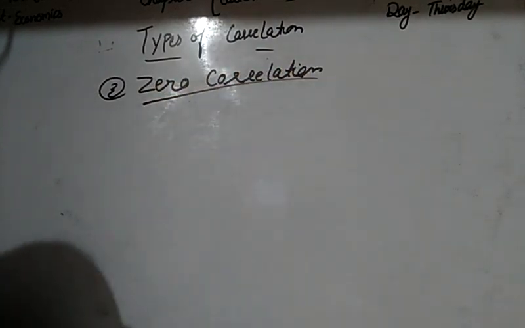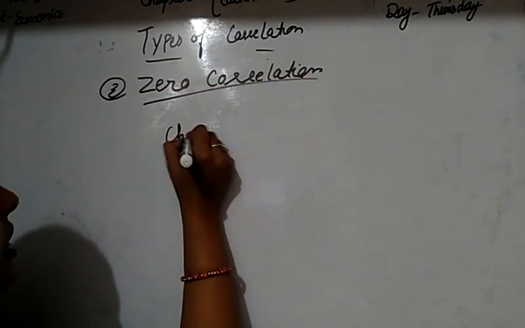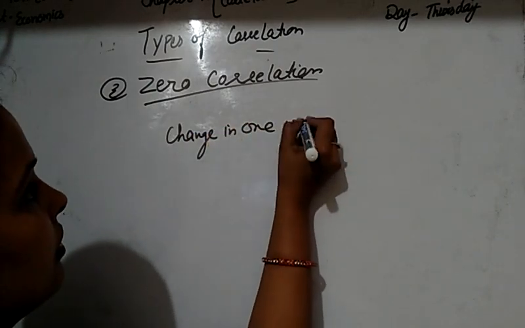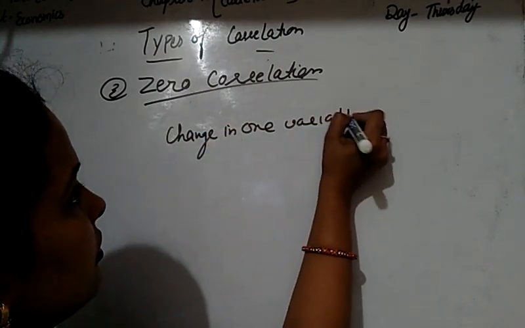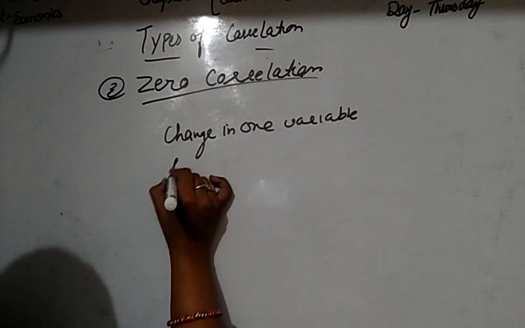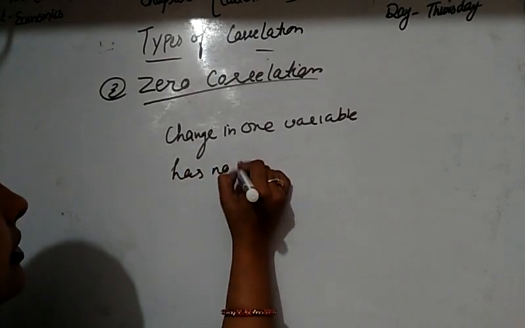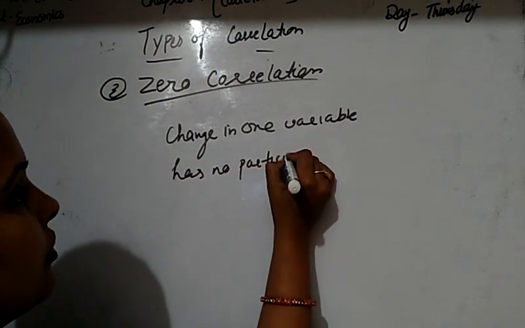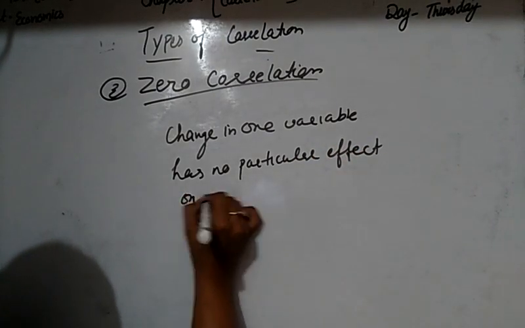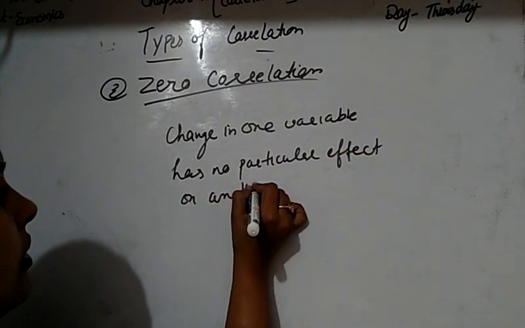So zero correlation means a change in one variable has no particular effect on another variable.